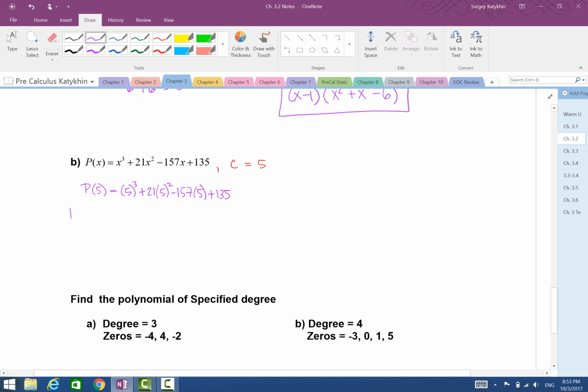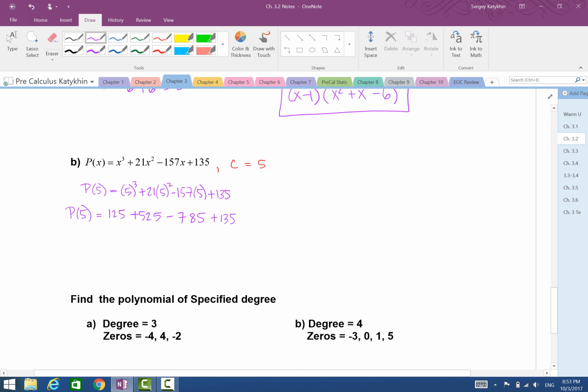So let's see what we get for P of 5. So that's going to be 125 plus 525 minus 785 plus 135.